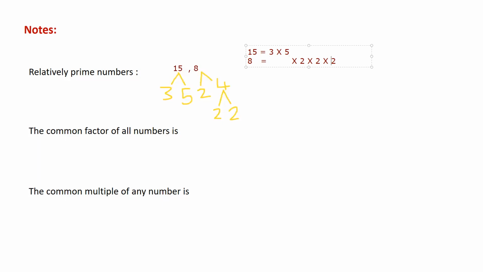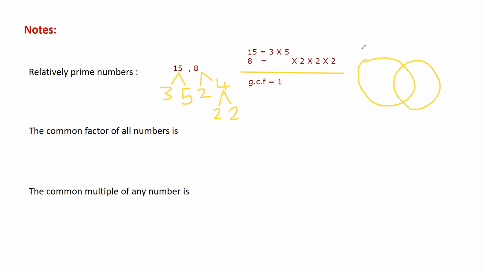Now, what is the GCF? Again, we said the greatest common factor means the number that exists up and down. Here we don't have any. So it means that the GCF is the number which is a factor for all numbers, which is 1. And if you want to draw the Venn diagram, you are going to find that we have 2 circles.